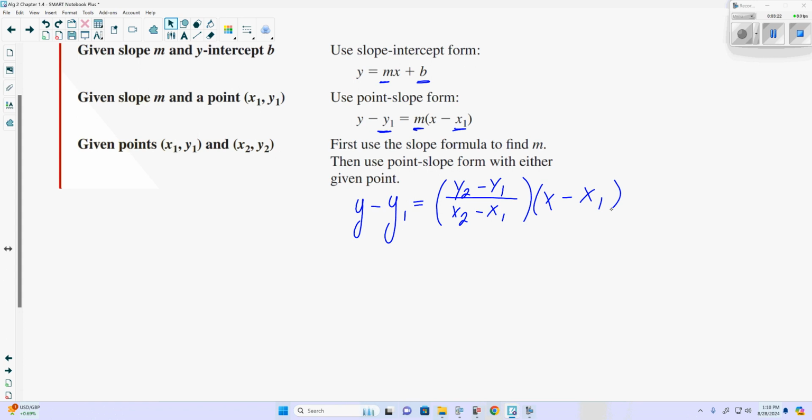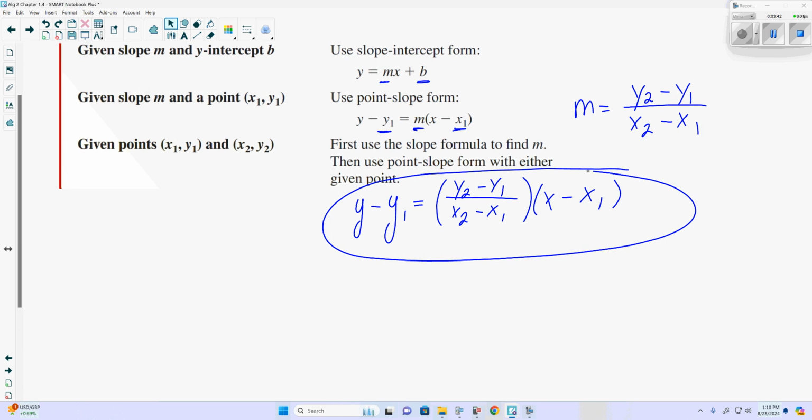It's better to just find the slope, y2 minus y1 over x2 minus x1, and take that value and plug it into point-slope at that point. Let's just find the slope and plug it in. It gets us to the same spot without having to make sure we keep everything in line.